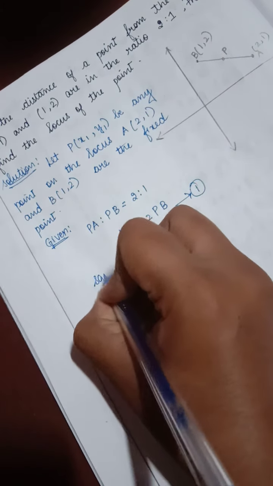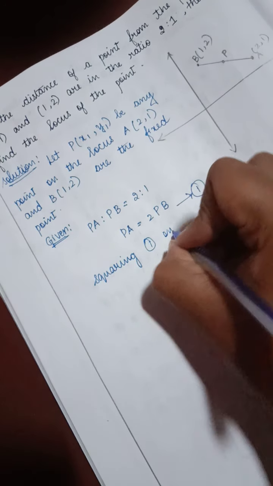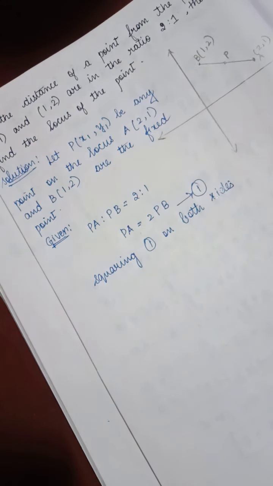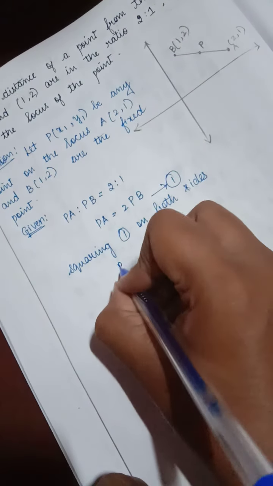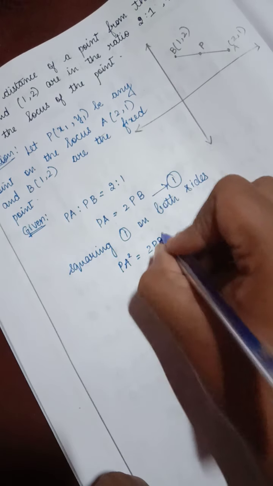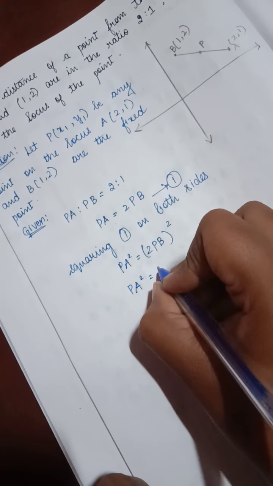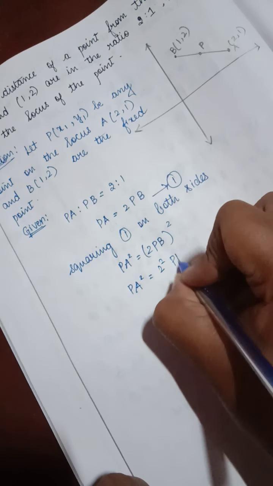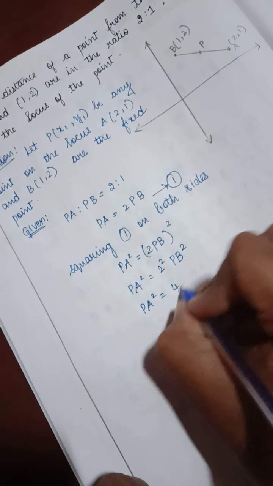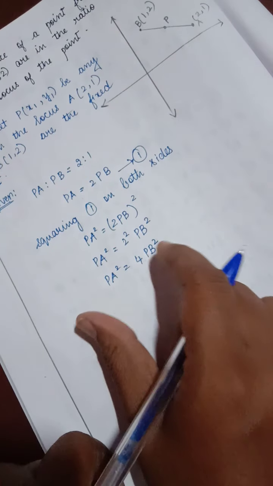So squaring 1 on both sides, PA square equals (2PB) the whole square. Then PA square is equal to 2 square PB square. So PA square is equal to 4 PB square. This is how we have got it.